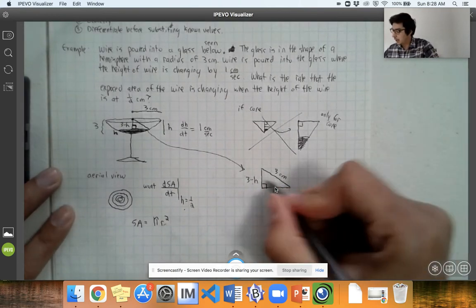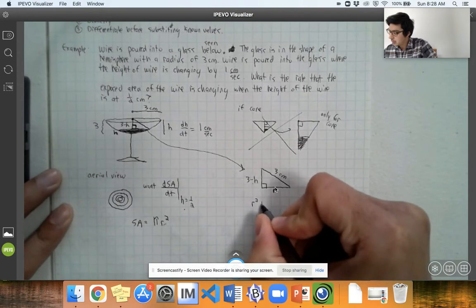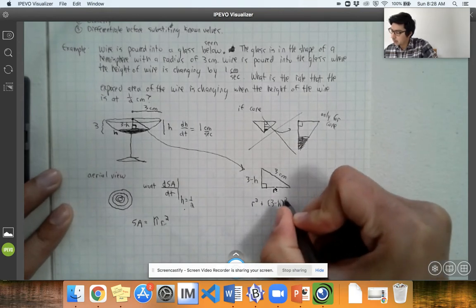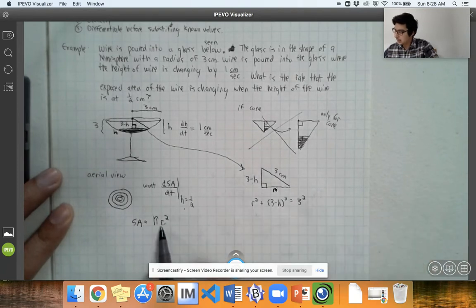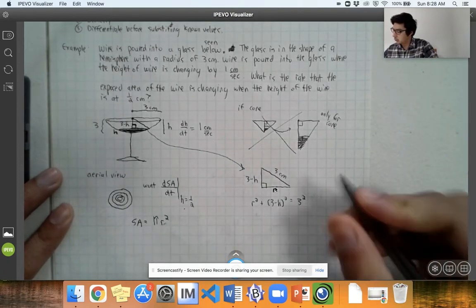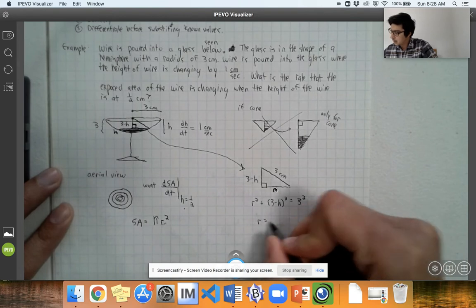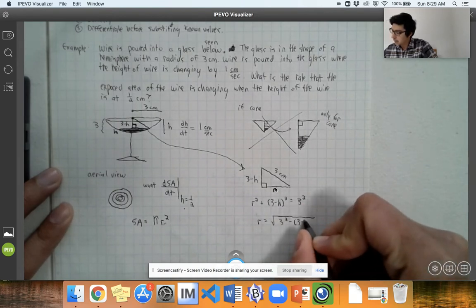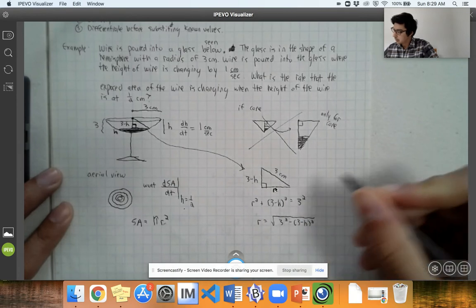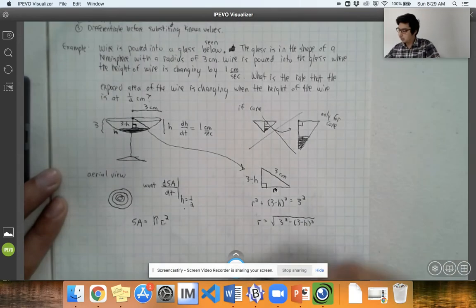All right, so from our Pythagorean theorem, we would have that r squared plus (3 minus h) squared is equal to 3 squared. And we want to get r by itself, so we can write this in terms of height. So r is going to equal the square root of 3 squared minus (3 minus h) squared. And I'm going to clean this up a little bit.